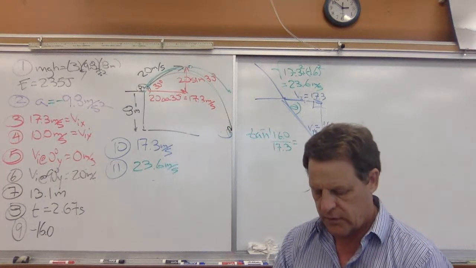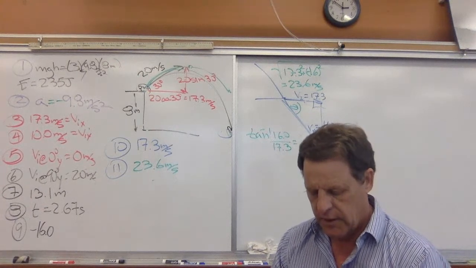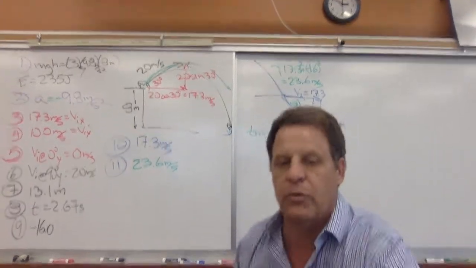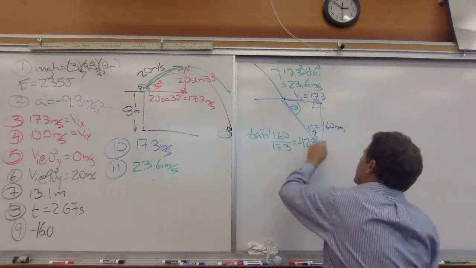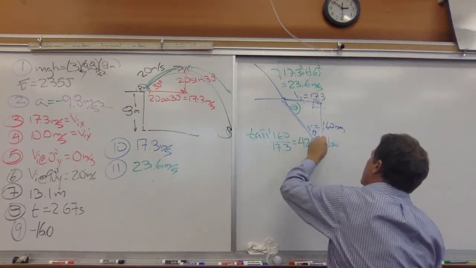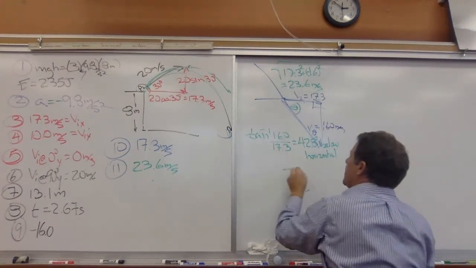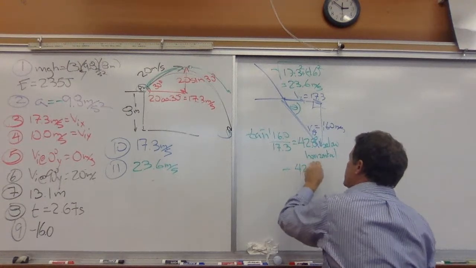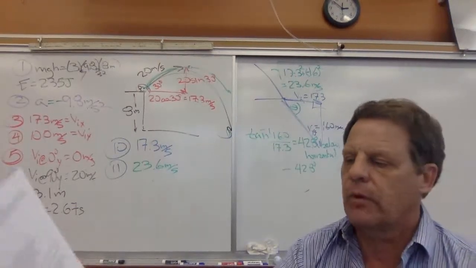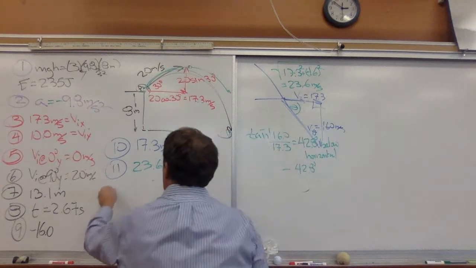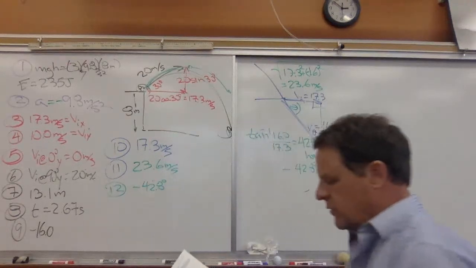The inverse tangent of 16.0 divided by 17.3 gives us 42.76, so 42.8 degrees, and that's below the horizontal. We could also call that negative 42.8 degrees using the standard position. So number 12 is negative 42.8 degrees.